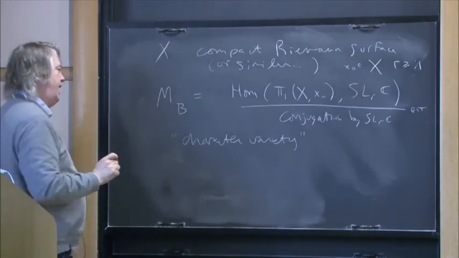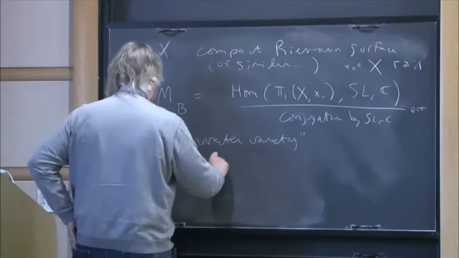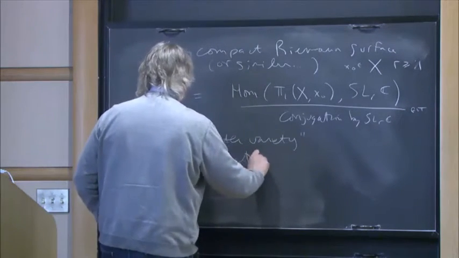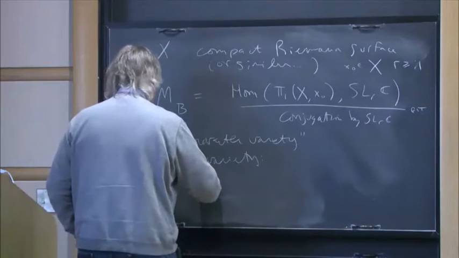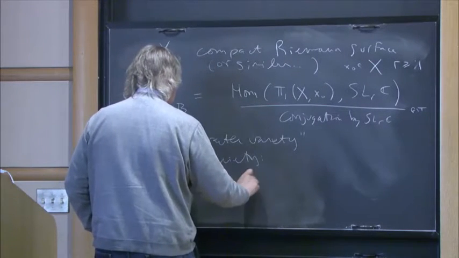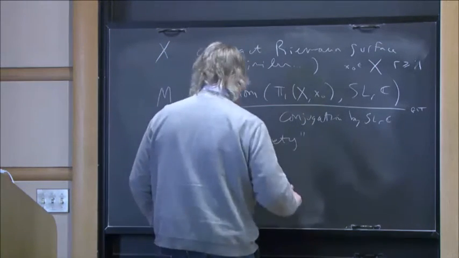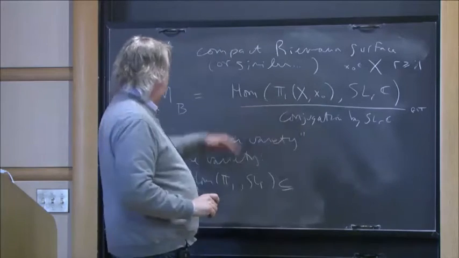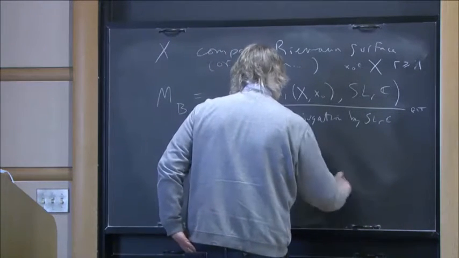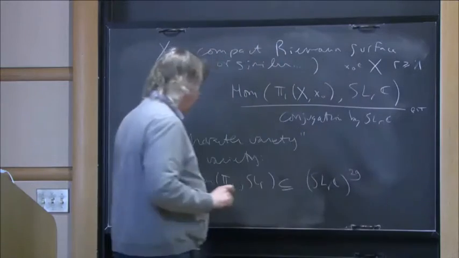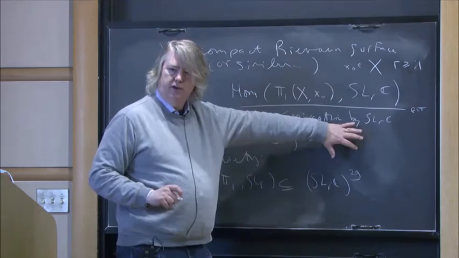And this is actually an affine variety. Why is that? If we take this before dividing by the conjugation action, then it's a closed subvariety of the product of 2g copies of the group.